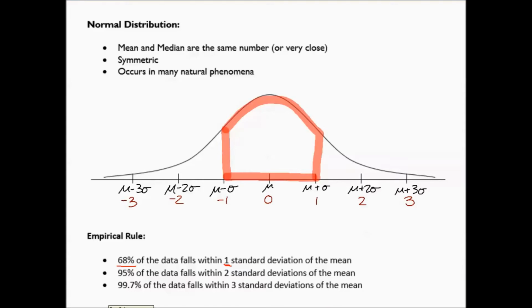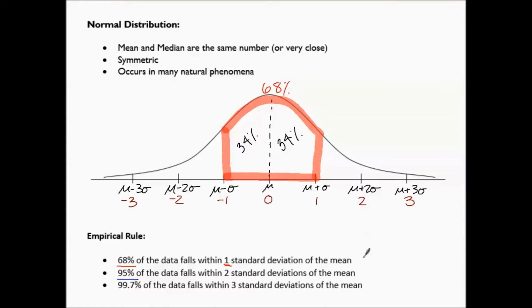Since we know that the normal distribution is symmetric, we can cut this in half. So 34% of the data are between a z-score of -1 and 0, and 34% of the data are between a z-score of 0 and 1.